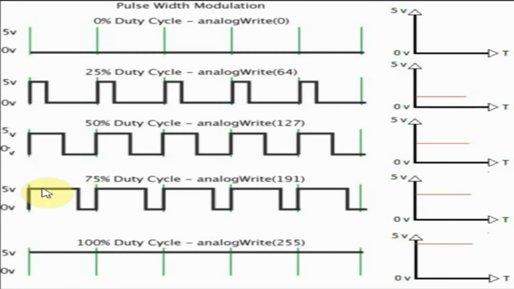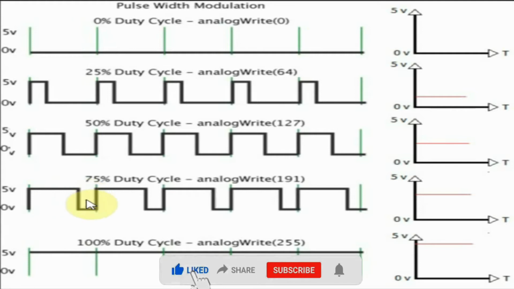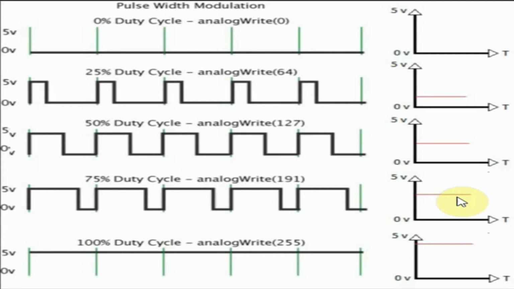In the fourth graph, the on period is longer compared to the off period. So the pin generates a voltage near 5 volts, but it's not 5 volts. Again, the LED glows with slightly higher brightness compared to the previous condition.